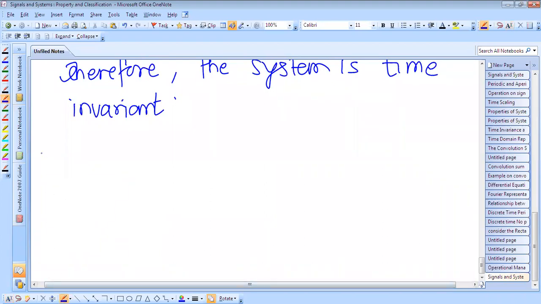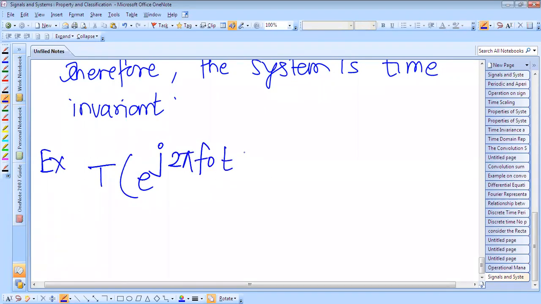Consider another example. The transfer function is given: T of e raised to power j 2 pi f naught t is equal to c into e raised to power j 2 pi f naught t.